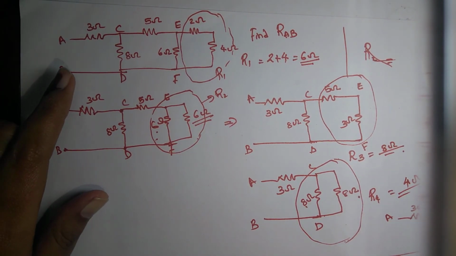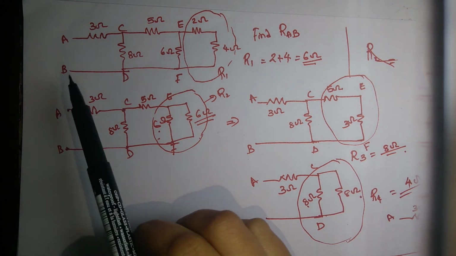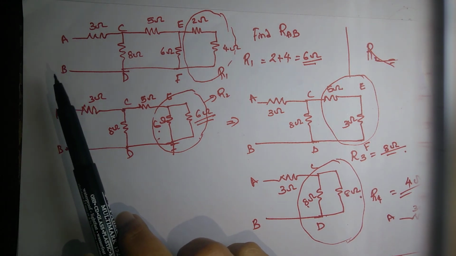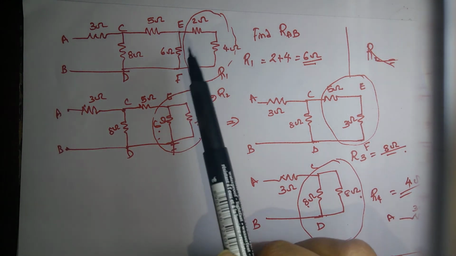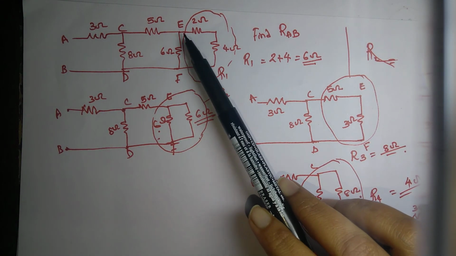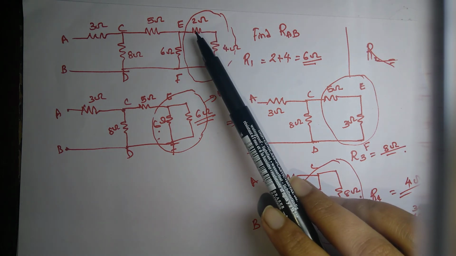If we are given a circuit, it is better we start from the furthest end. Sometimes we can't find the furthest end, but if we are asked to find the resistance across one corner, then it's better we start from the other corner. So here 4 plus 2 is in series, so I have replaced 4 plus 2 with R1, and we get 6.